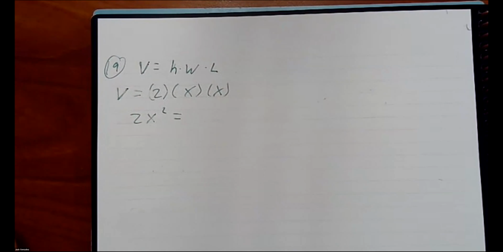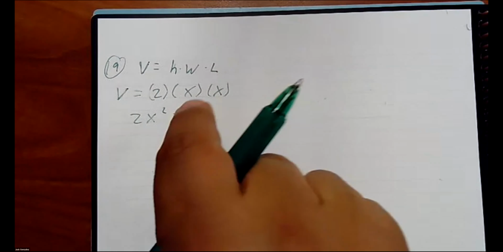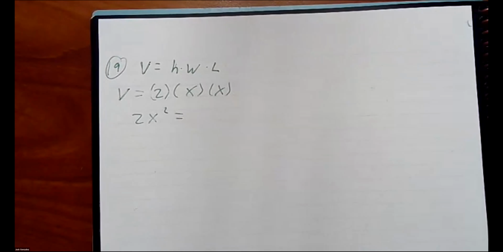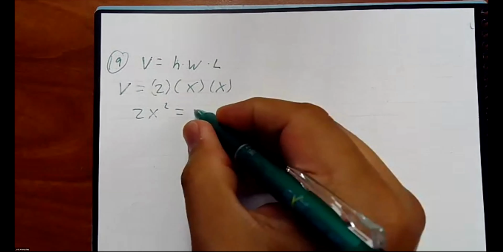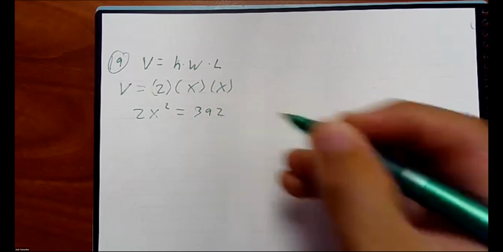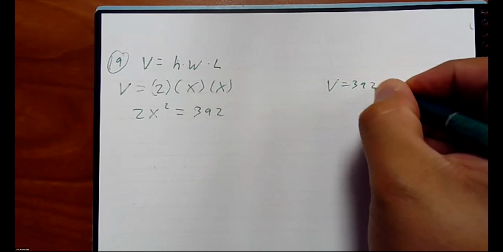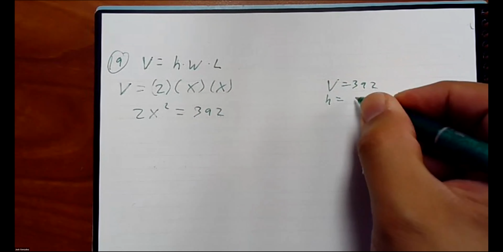Is that what we had, or was that different? What was our volume? Because I erased it. 392. Yeah, okay, so this was given. h was given.